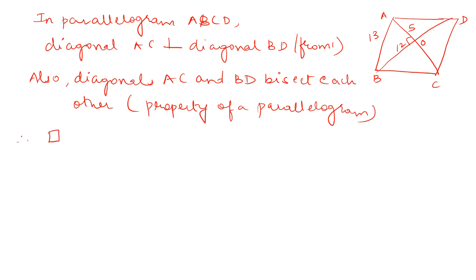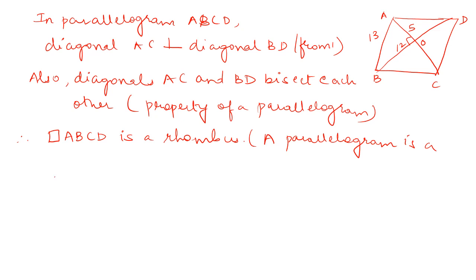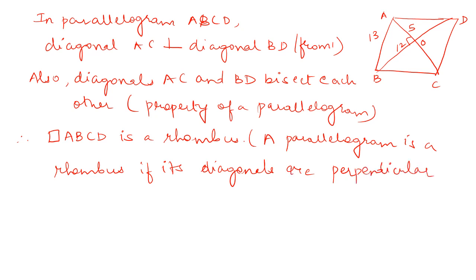Therefore we can say that this parallelogram ABCD is a rhombus, as a parallelogram is a rhombus if its diagonals are perpendicular bisector of each other. If its diagonals are perpendicular bisector of each other, then only we can say that a parallelogram is a rhombus. This is very important.